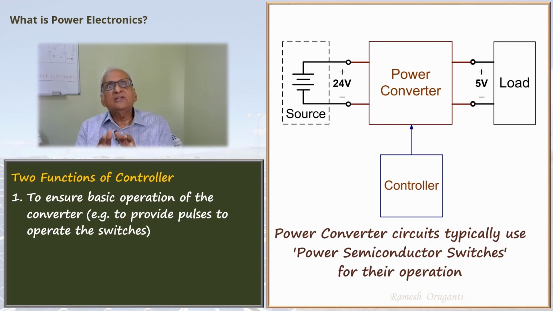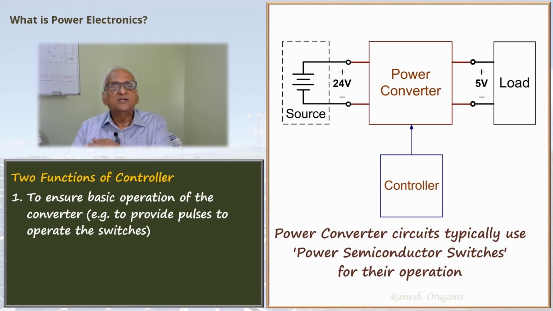In addition, it has to make sure that the overall function of the power electronic system is fulfilled. For example, in this case, we want to maintain the voltage at 5 volts, even if the input voltage varies. The battery voltage may not always be strictly at 24 volts. When the battery is discharged, the voltage may go down. Even when the system changes in that manner, the load can change.